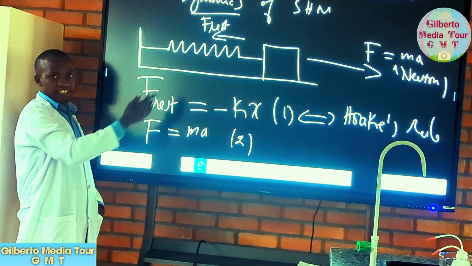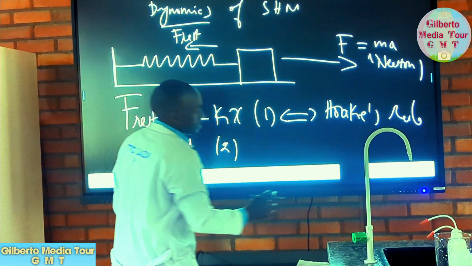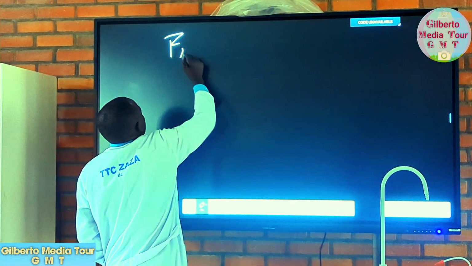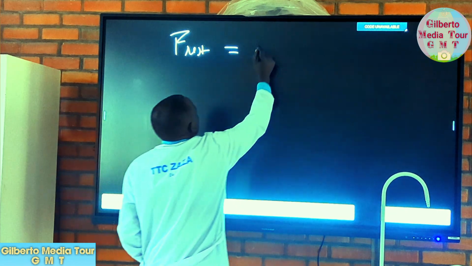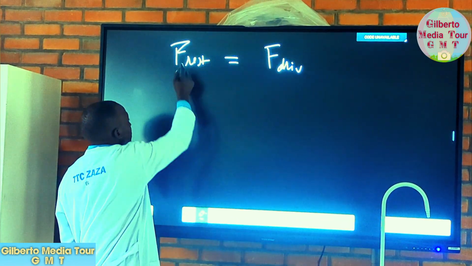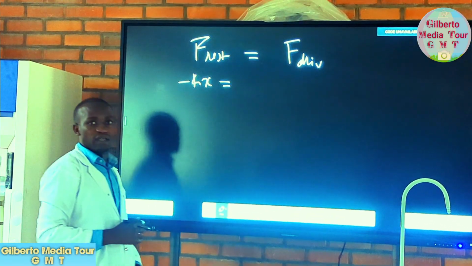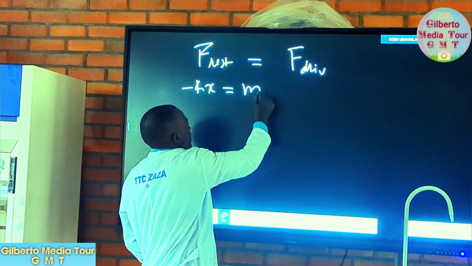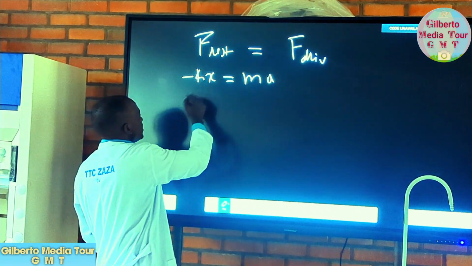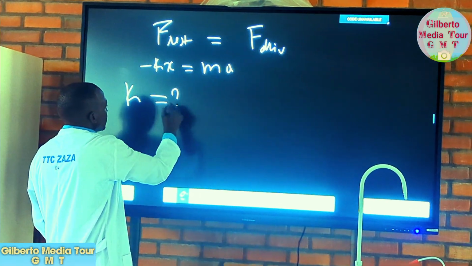This body is acted on by two forces, a restoring force and a driving force. In this case, the restoring force will be equal to the driving force. It means that negative kx, according to Hooke, equals mass times acceleration.